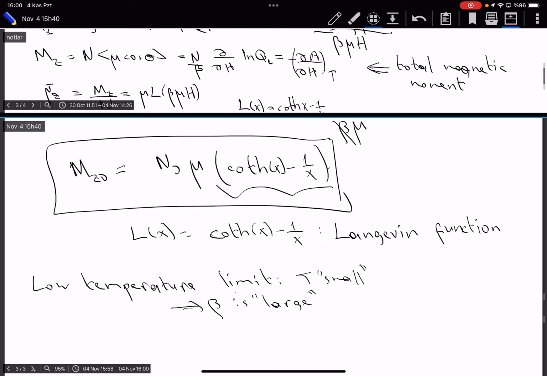And hence the low temperature limit is actually the limit where beta mu B is much, much larger than 1. This is what we mean by the low temperature limit.